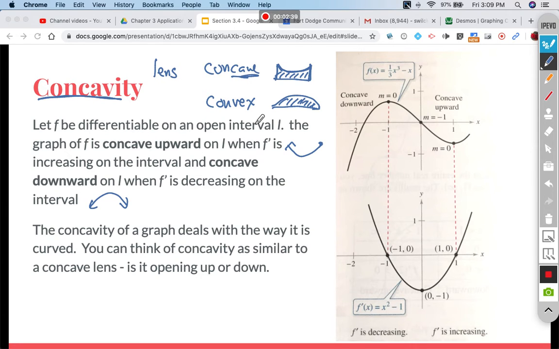If we look at this curve here, we're concave down at this part of the graph, because it looks kind of like a parabola shape, pointing down. At this point here, we're flipping and going concave upward.